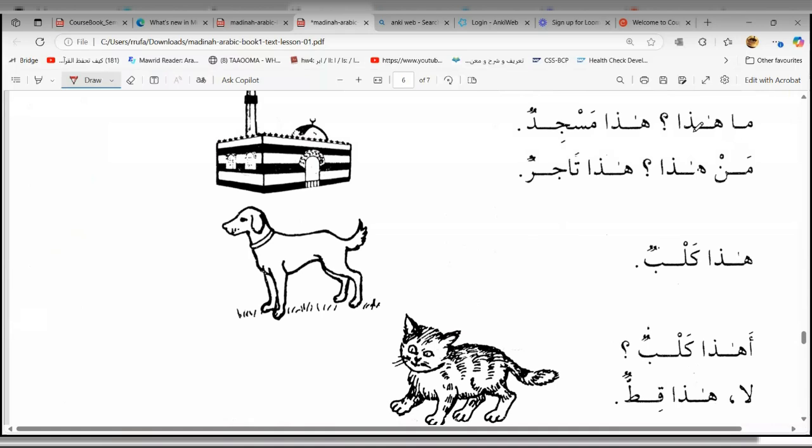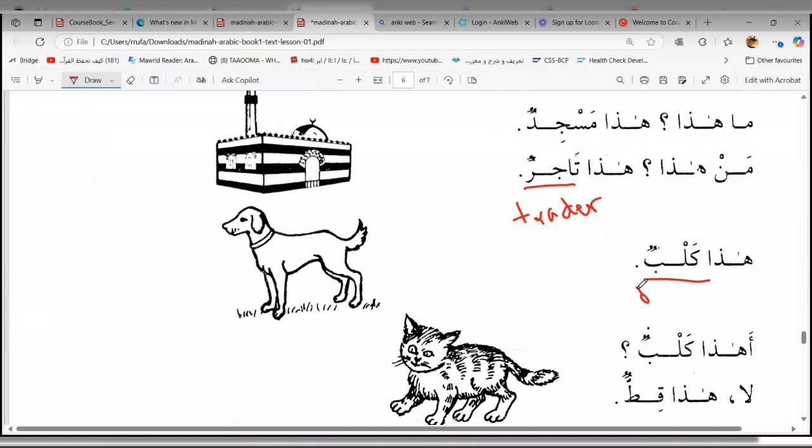So, ما هذا؟ What is this? هذا مسجد. من هذا؟ هذا تاجر. A tajir is a trader, somebody who buys and sells stuff. هذا كلب. This is a dog.